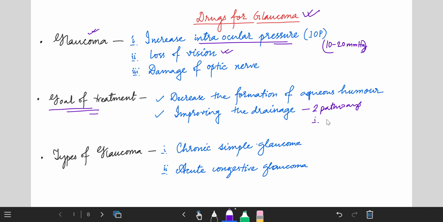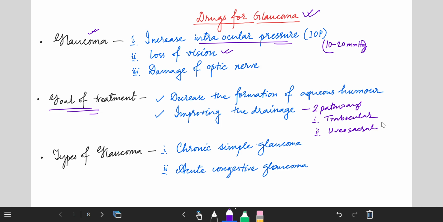One is trabecular and second one is uveoscleral. It means the aqueous humor flows through two types of pathways. First one is trabecular and second one is uveoscleral pathway.